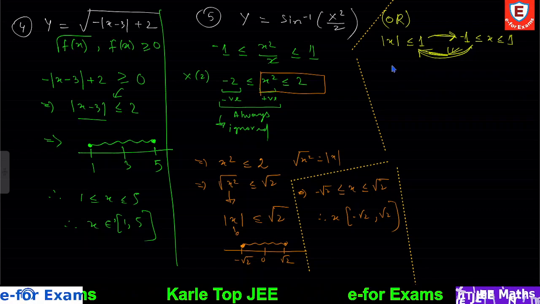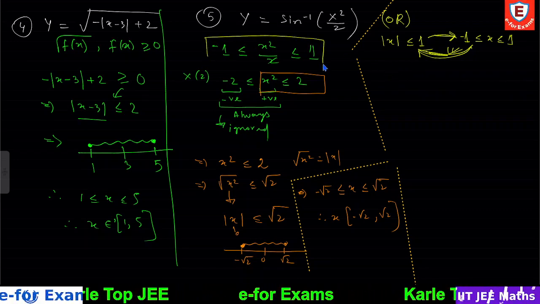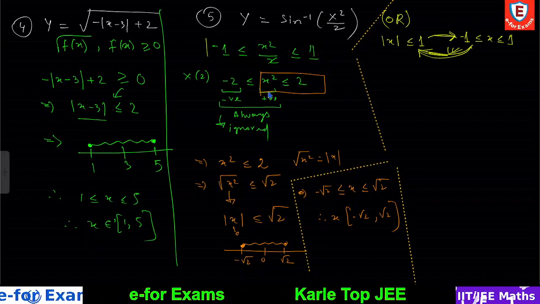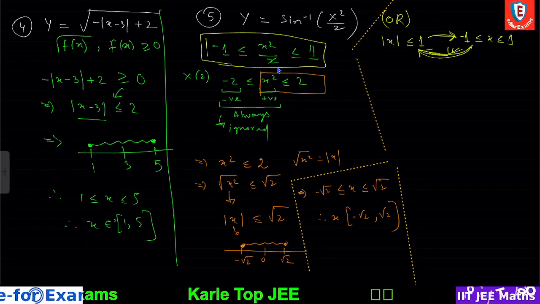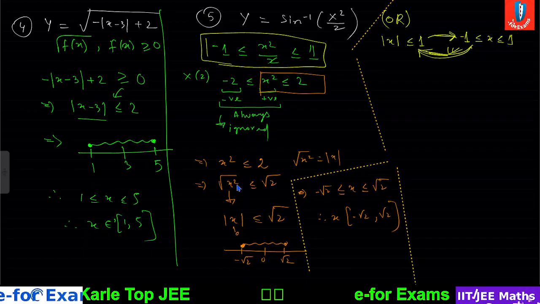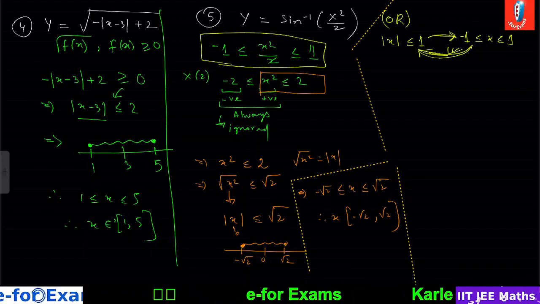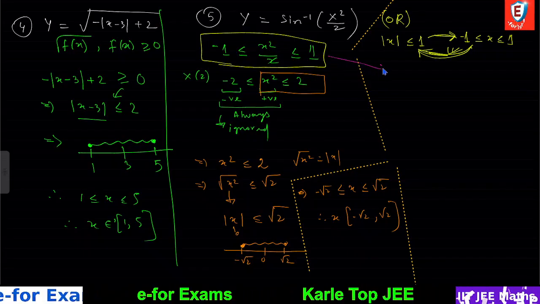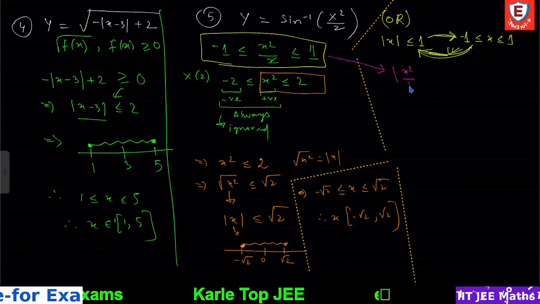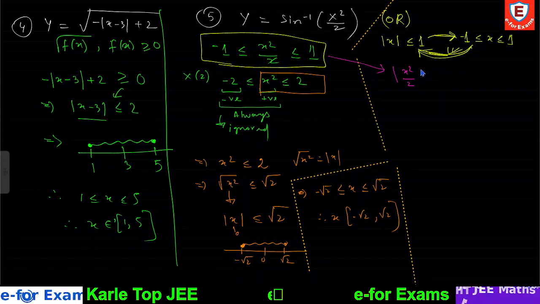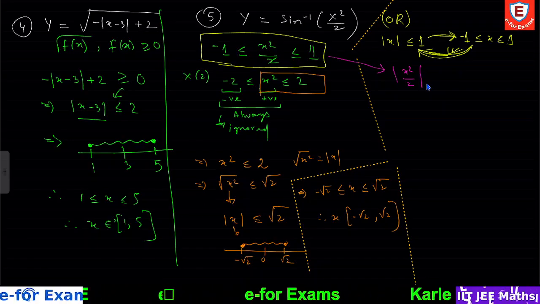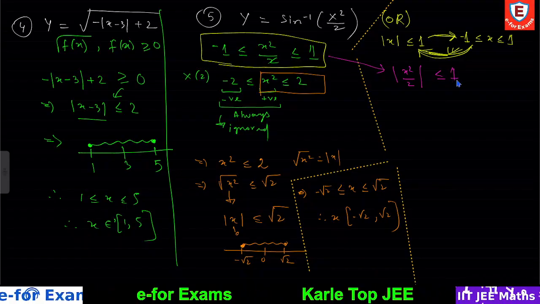So here, now this will give mod of x squared by 2 is less than or equal to 1, right?